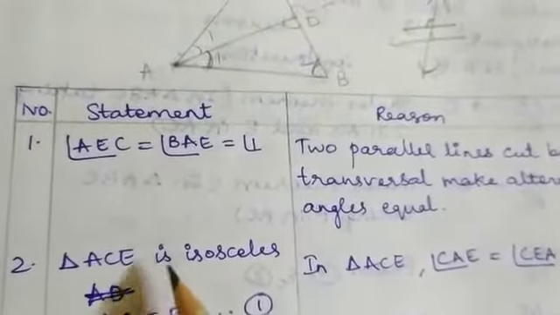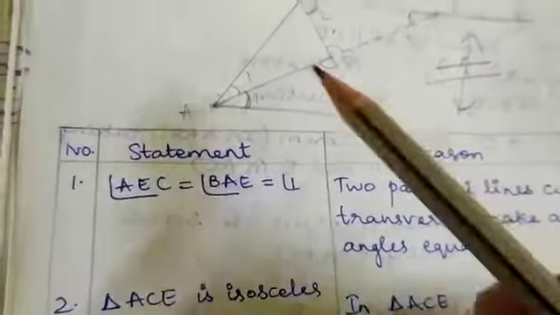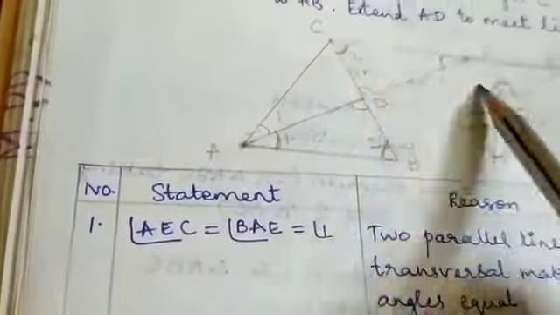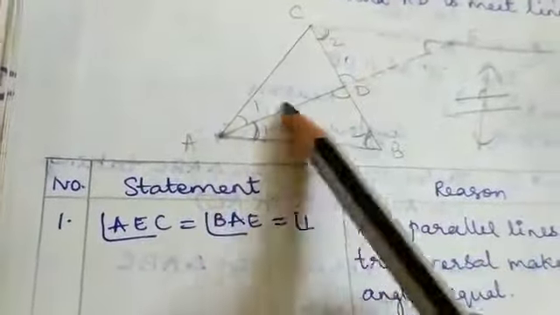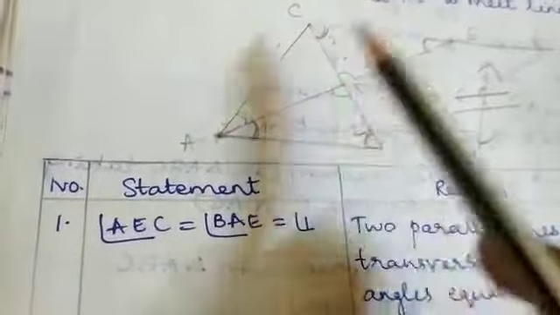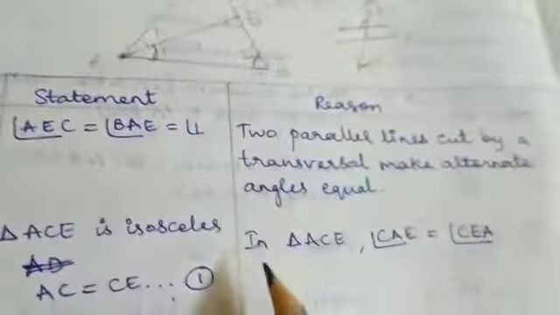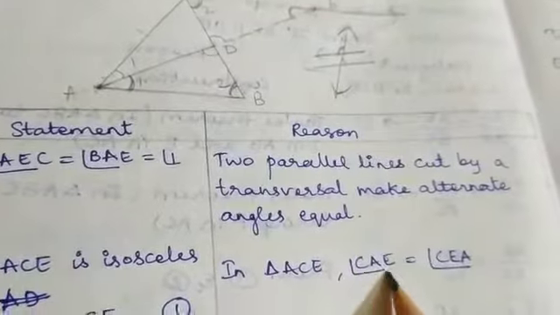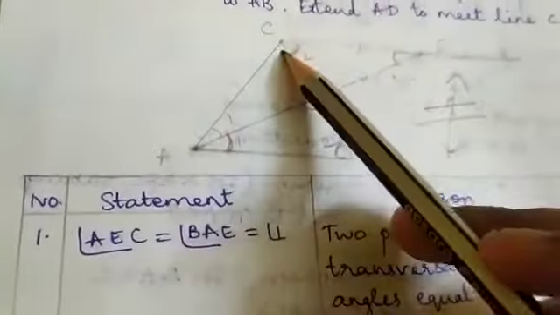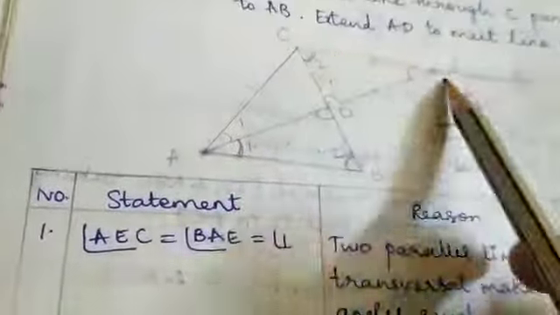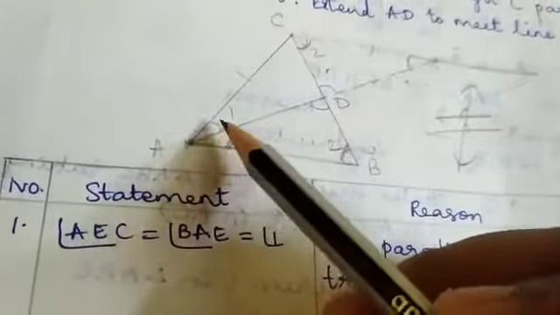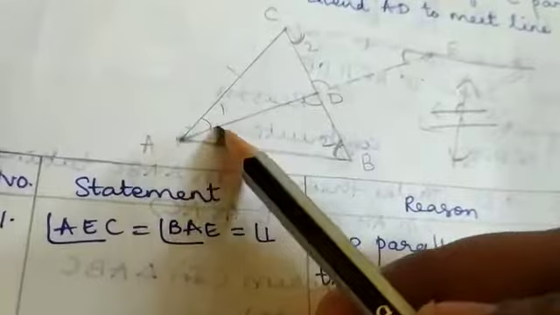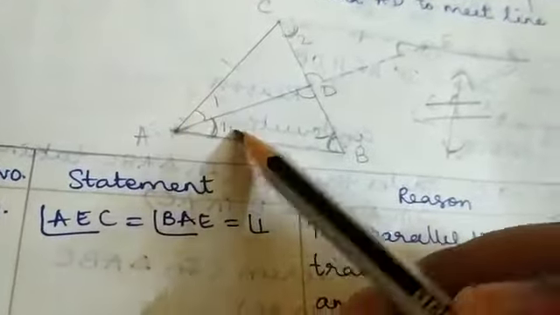So triangle ACE is isosceles. You can see ACE is isosceles because AC equal to CE. When we extend this, in triangle ACE, angle CAE equal to angle CEA. How? Because AD is the angle bisector, so this and this are equal.